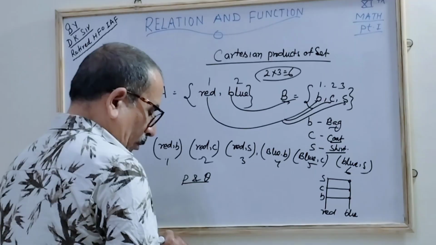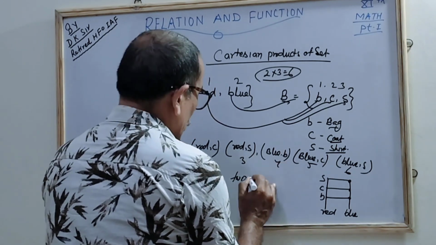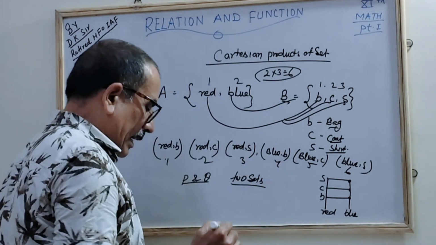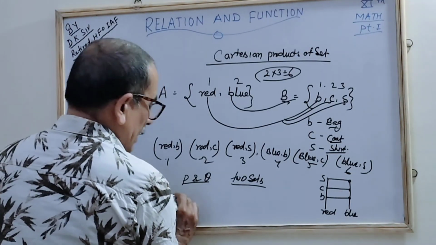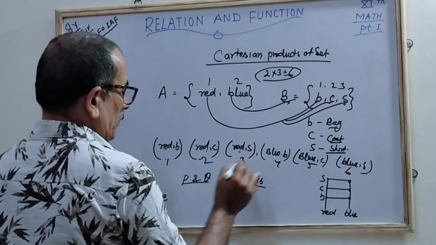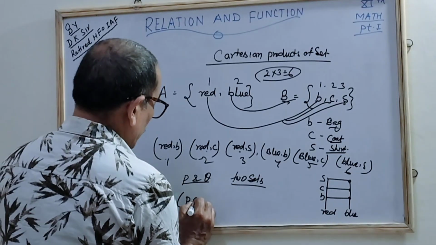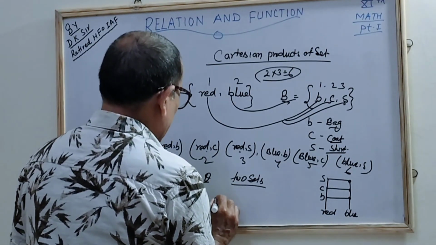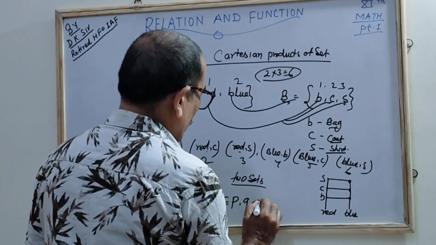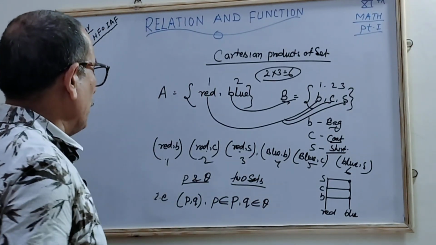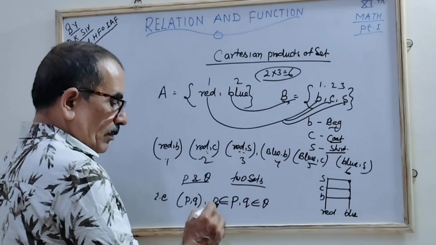If you take P and Q, the two sets you have taken, then you will write that P and Q is a set where the p is an element of P, correct, and the q is an element of Q. So any of the sets you are taking, suppose they are P and Q, if you want to write it in this way, you can write it.